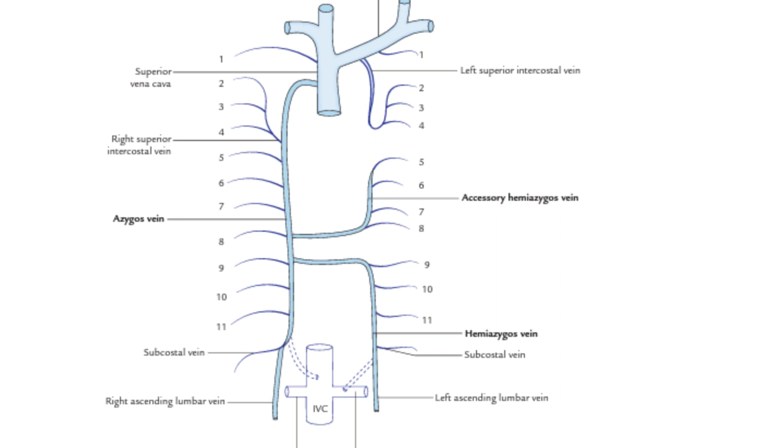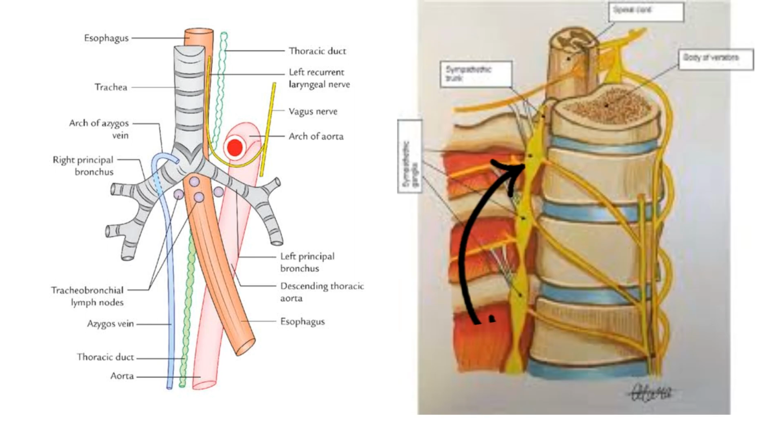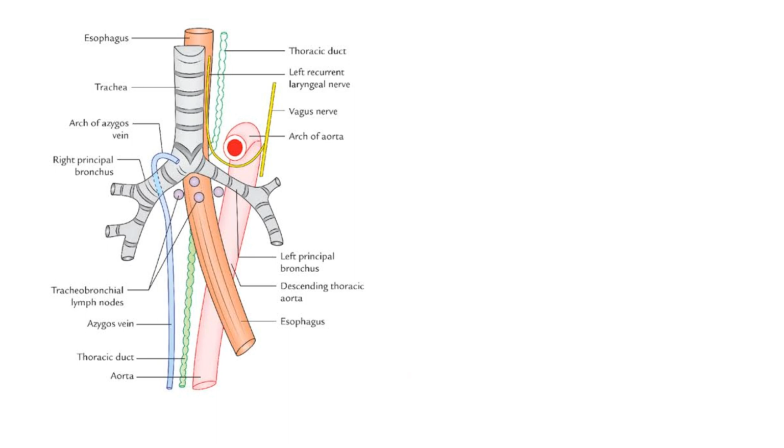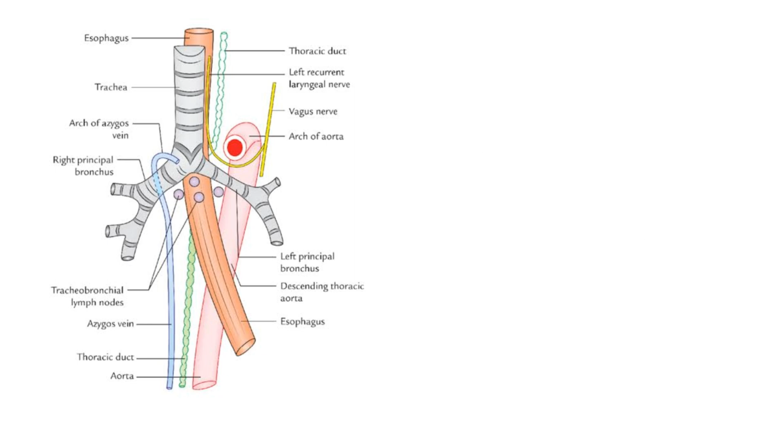As you can see in the diagram, it includes the vagus nerve, the sympathetic trunk and splanchnic nerve, and finally it includes the posterior mediastinal lymph node. So that is all for the content of the posterior mediastinum.